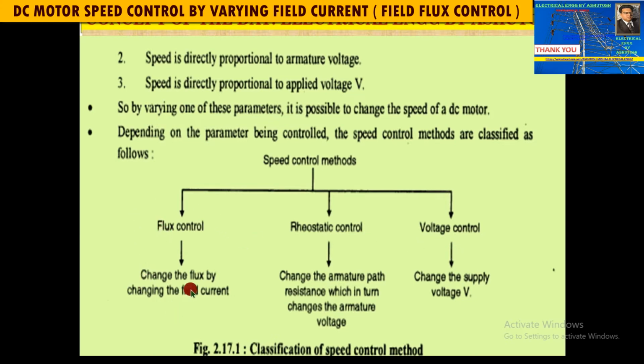In this, we change the flux by changing the field current, by changing the field rheostat, and today we are going to perform this experiment. The third method is voltage control, where changing the supply voltage changes the speed. In this category we already performed the Ward Leonard speed control method. You can check my playlist. So today we are going to perform the flux control method.